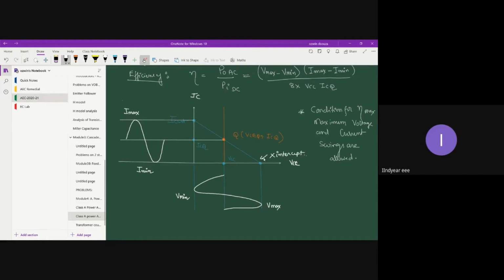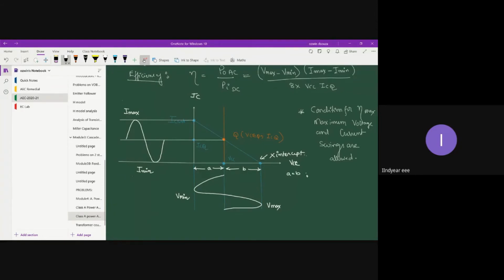Since a class A power amplifier permits a complete 360-degree cycle, distance A and distance B are equal.